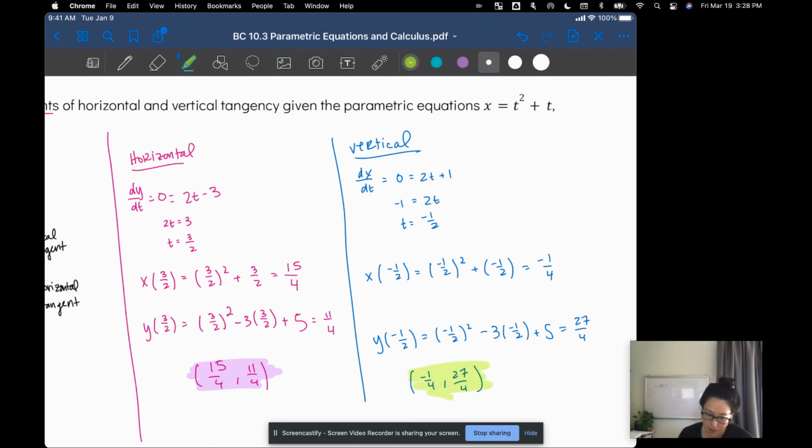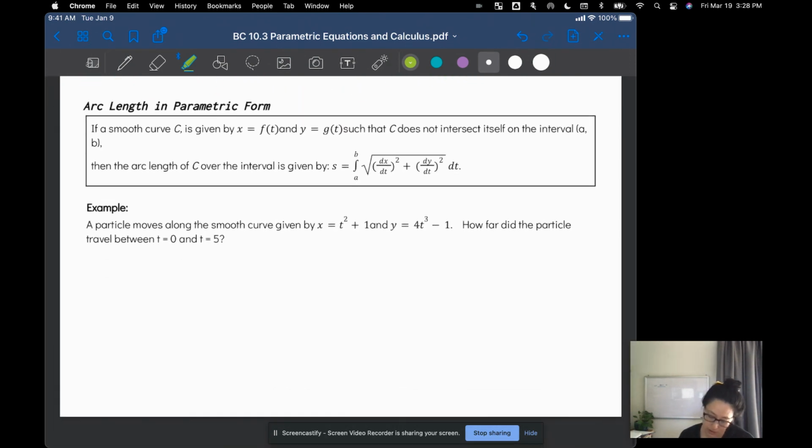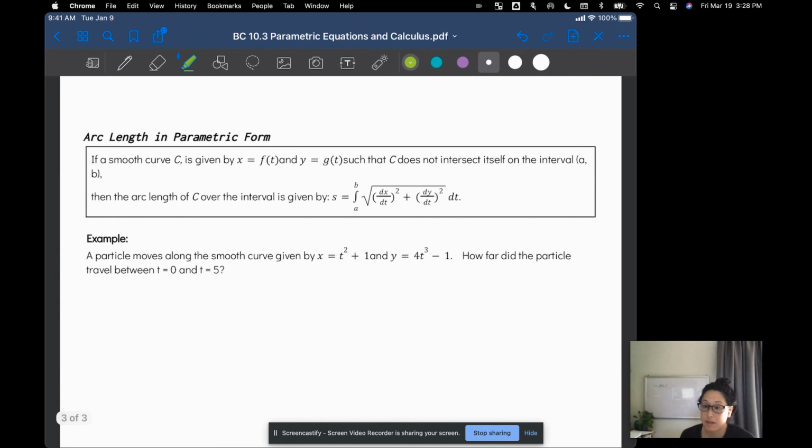Okay, the last little bit for parametric equations is looking at the arc length of a parametric equation. So this is just the arc length of the curve, but we're defining the curve based off of the x movement and the y movement.